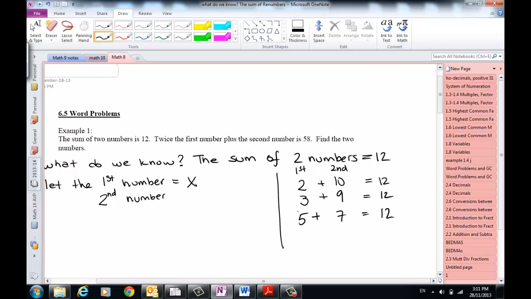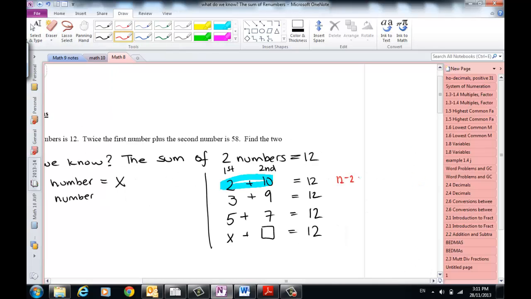So I want to try and relate this as x plus some number is equal to 12. When I was looking up here at 2 plus 10 is equal to 12, notice that 12 minus my first number, which is 2, is equal to 10. Also notice over here that if the sum of the numbers is 12 and I take away my first number, I get 9.